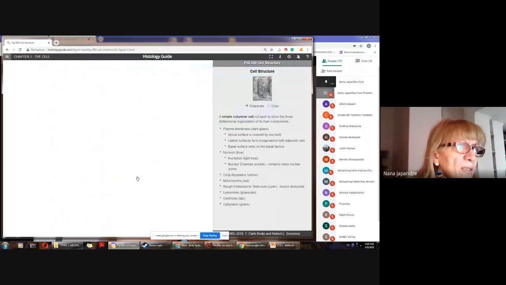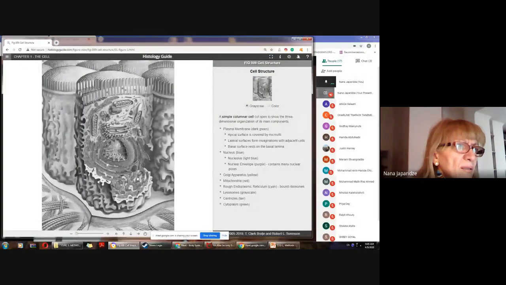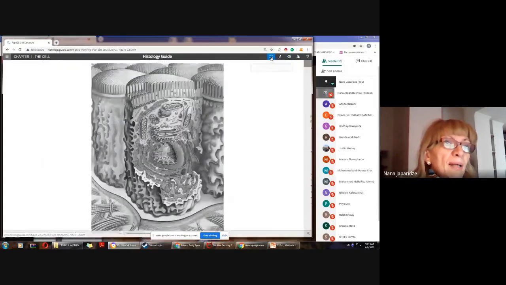Okay, if we go to the images themselves, this is a diagrammatic, schematic image of the cell, and you see here the different parts of the cell.